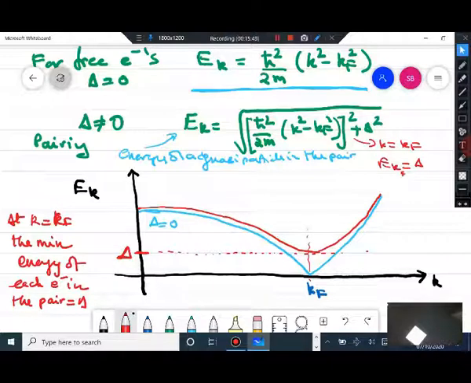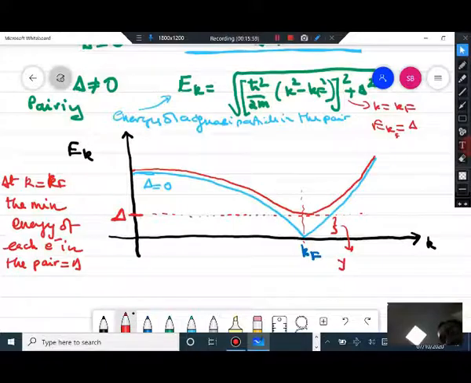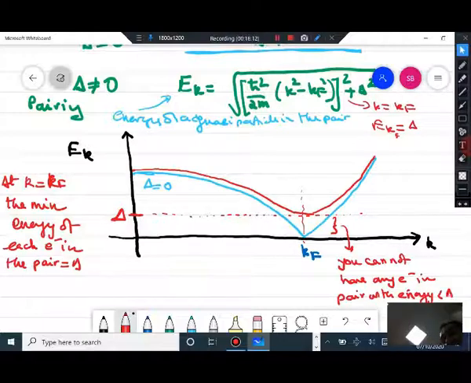So you cannot have any electrons in the pair which have energy less than delta around the Fermi energy.